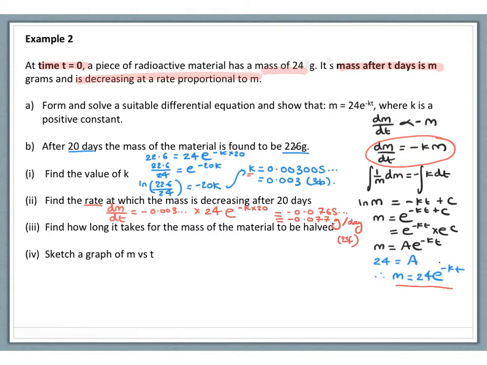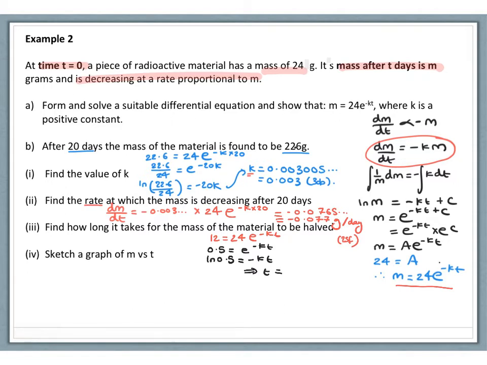So find out how long it takes for the mass of material to be halved. So if the mass of the material halves, then we're looking for a mass of 12 grams. So we want 12 to equal 24e to the negative kt. Let's divide both sides by 24, so 0.5 equals e to the negative kt. ln of 0.5 equals negative kt, and then divide both sides by negative k to get the value of t.